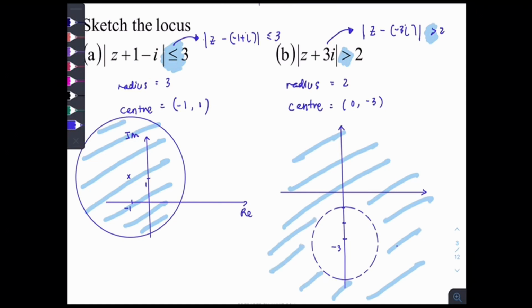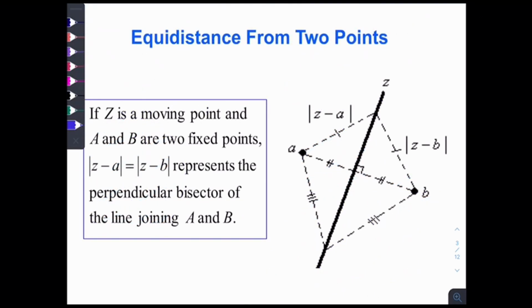Alright, so this is about the circle's inequality. Have a look at the second type of locus here, which is about the equidistance from 2 points. So the general equation is over here: modulus z minus a equals modulus z minus b.